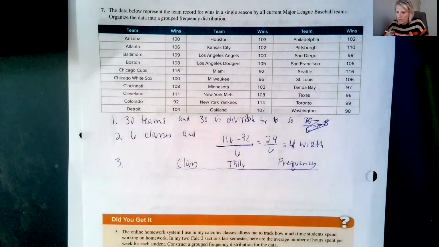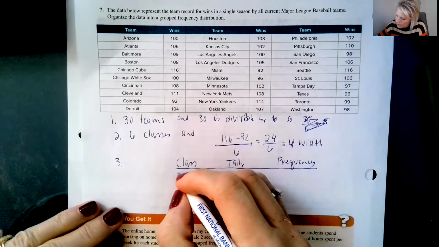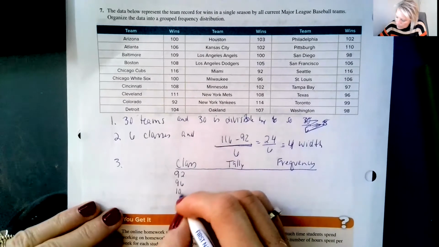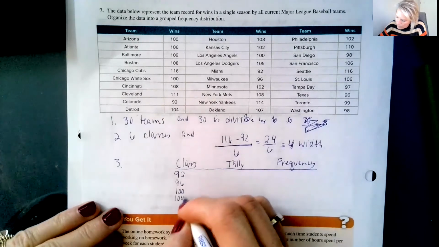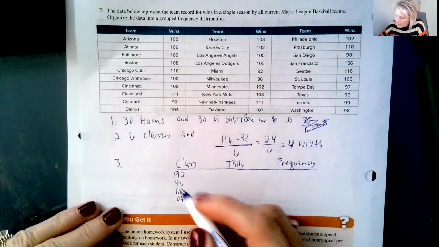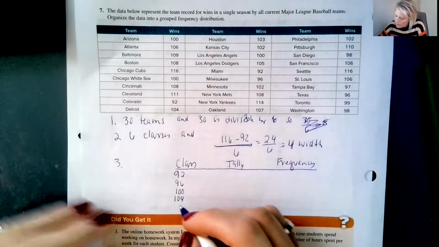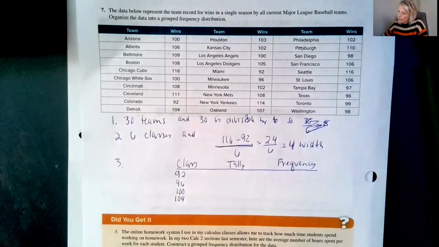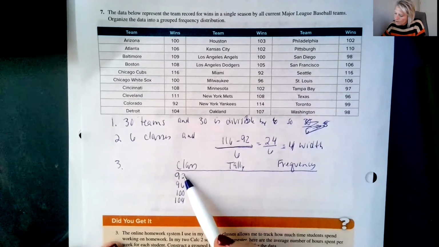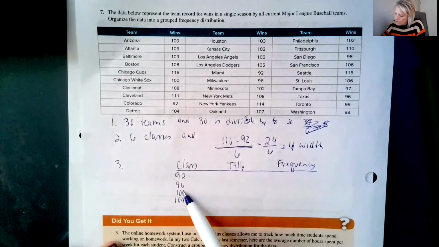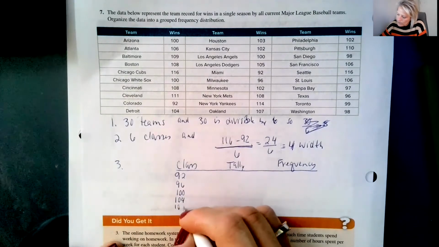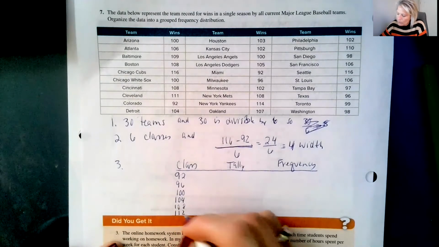So 92, 93, 94, 95, and then it'll be 96. So we'll start with 92, 96, 100, 104. Oh, will that quite cover it? I'm not sure it will. 92 to 96, 96 to 100, 100 to 104, 104 to 108, and 108 to 112.